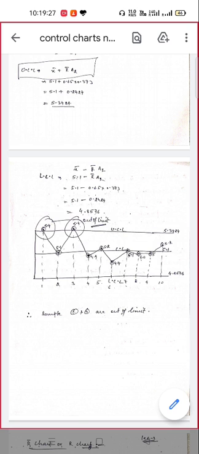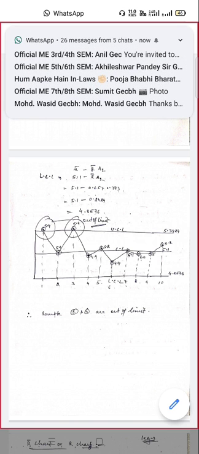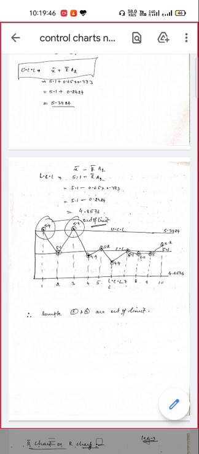After that we draw the center line whose value is 5.1, and the upper control limit line whose value is 5.3424. After that on the x axis we mark the sample numbers 1, 2, 3, 4, 5, 6, 7, 8, 9, 10.